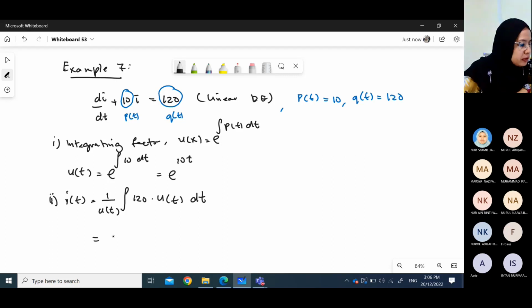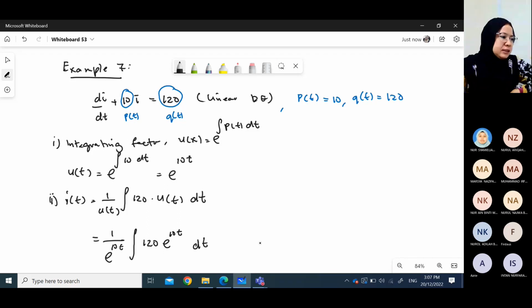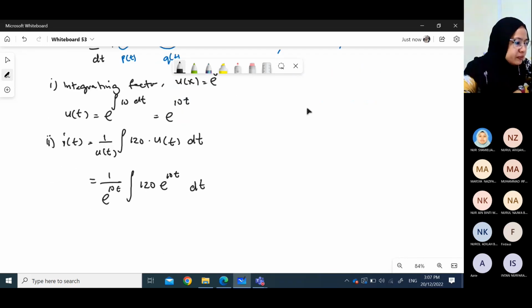So it is equivalent with 1 over exponent 10t multiplied with the integral of 120 exponent 10t with respect to t. Okay, so solve it. What is the answer?